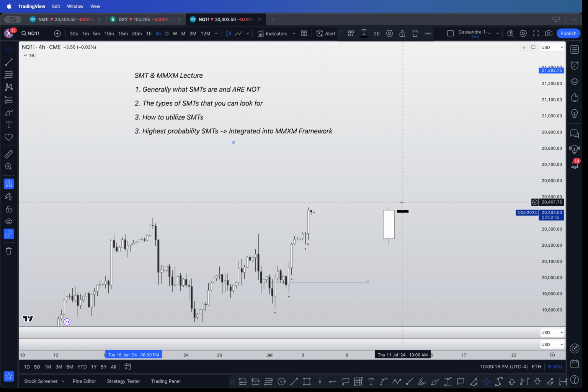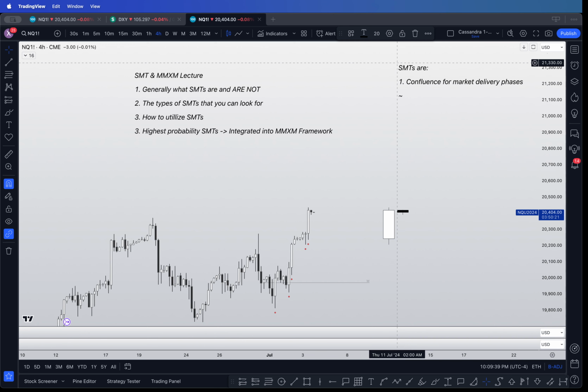So let's start by having a conversation about what SMTs are and what SMTs are not. SMTs are a confluence for market delivery phases.